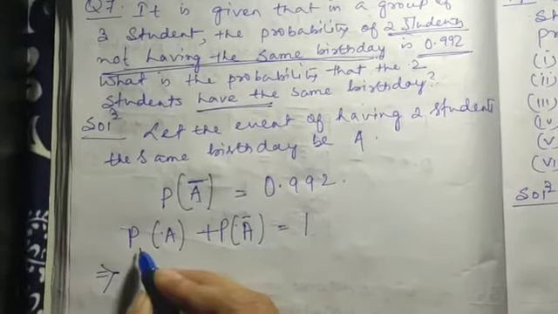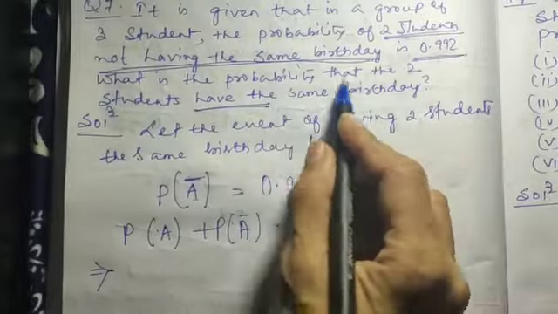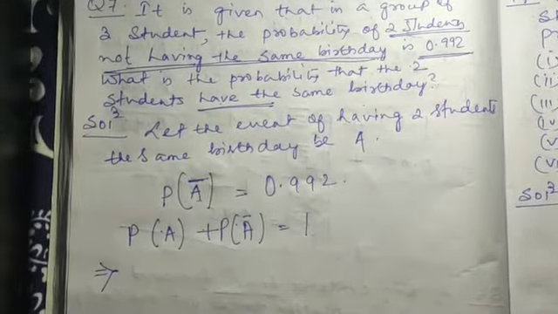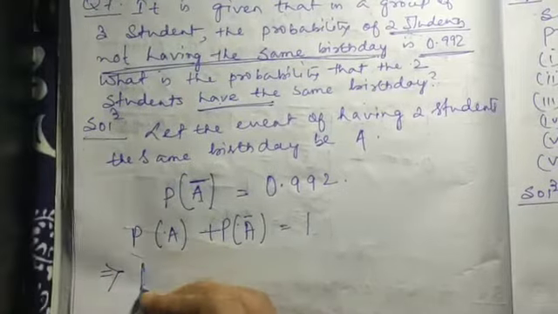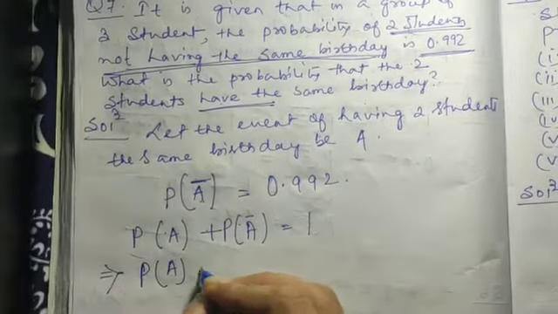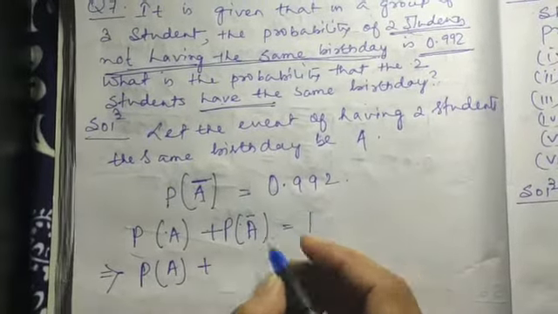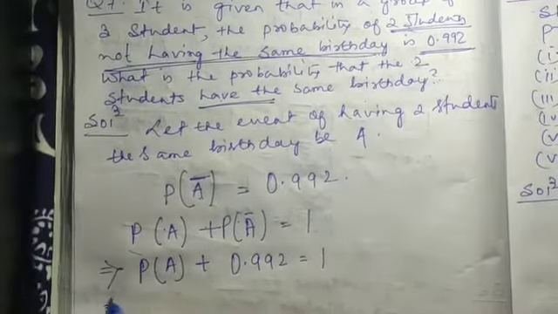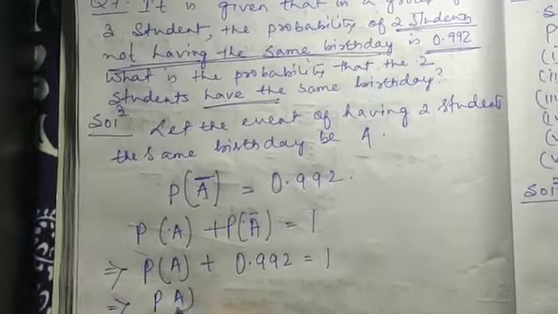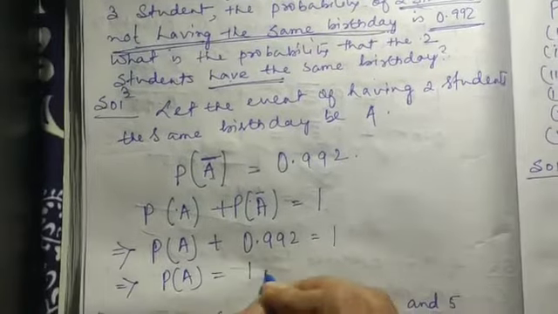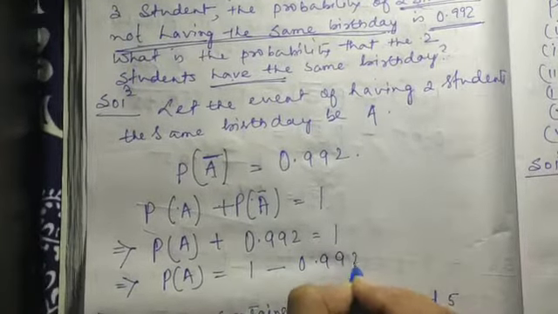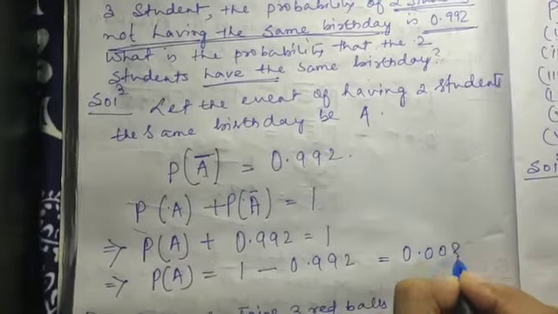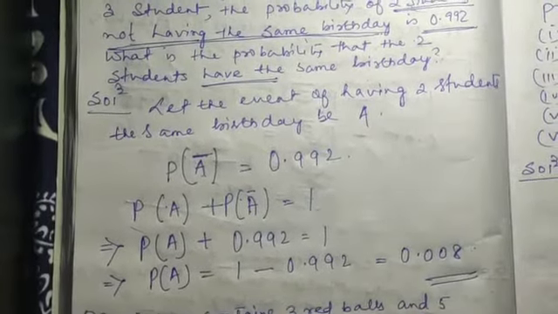So we are asked to find out what is the probability that the two students will have the same birthday. Okay, we are asked to find out P(A), probability of the event. And probability of not having the event is given as 0.992, so P(A) plus 0.992 is equal to 1. So probability of having the event is equal to 1 minus 0.992. It will be 0.008. I hope it is clear.